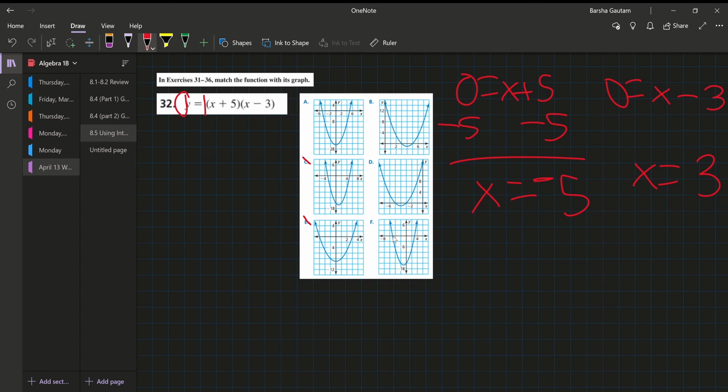It's negative 5, and we need to look for x equals 3. 1, 2, oh, it's going by 2. So 2, 3. So this one might work too. Let's see if we can circle this. If you take a look at the other ones, this one is the only one that will work out.